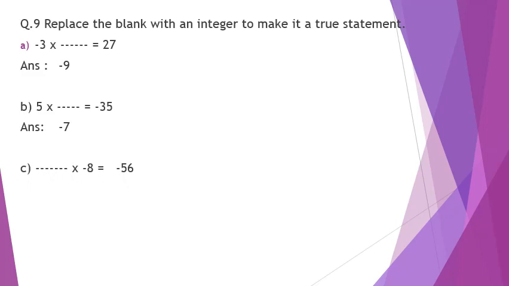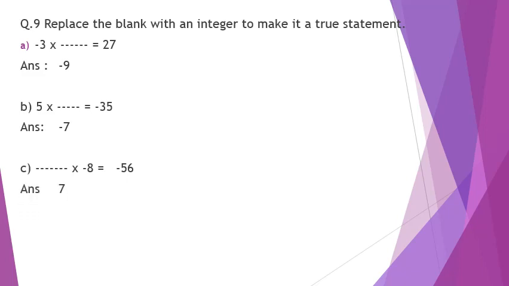Next is dash multiplied by minus 8 equal to minus 56. In the table of 8, when 56 will come, 8 multiplied by 7. Here minus 8 is negative, product is also negative. So the blank will be a positive integer.